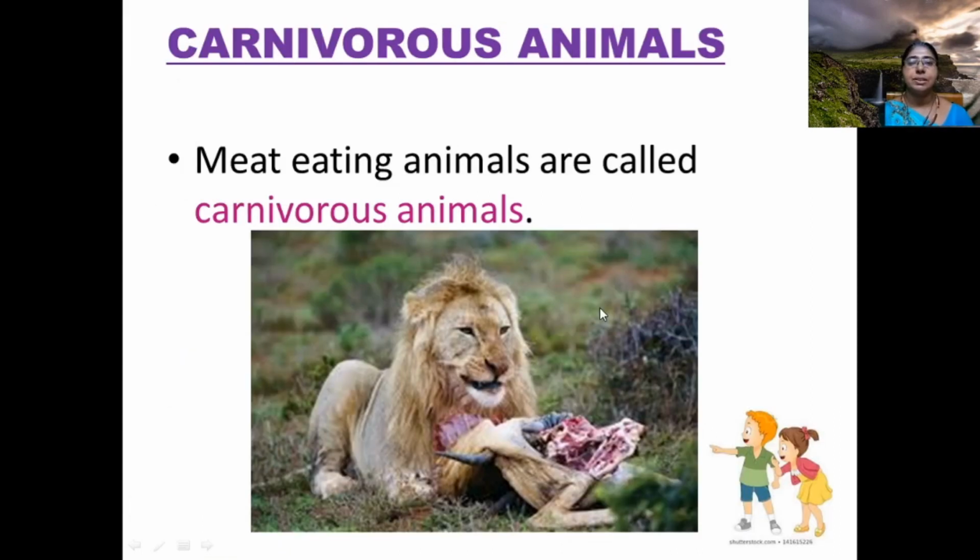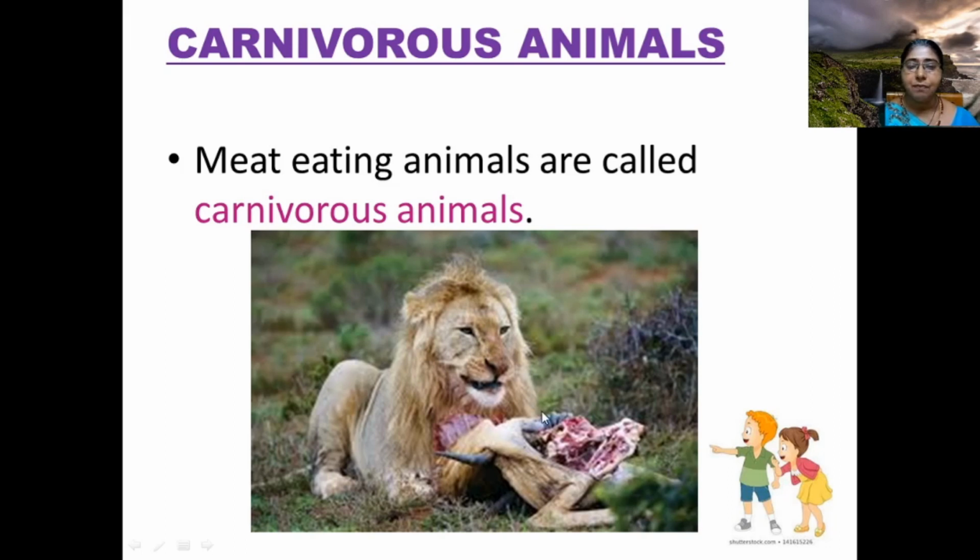First portion of this lesson, carnivorous animals. Last year also you have learned about these meat-eating animals. Meat-eating animals are called carnivorous animals. Look at this picture. You can see that the lion is a carnivorous animal.